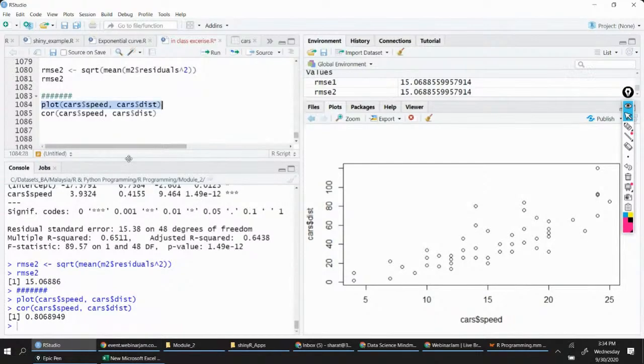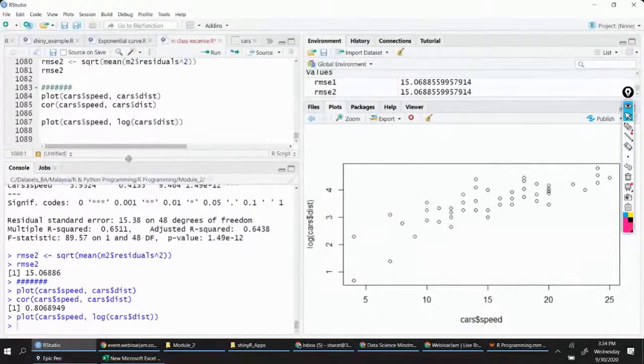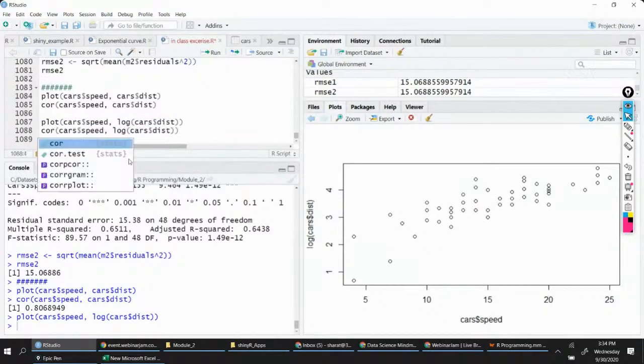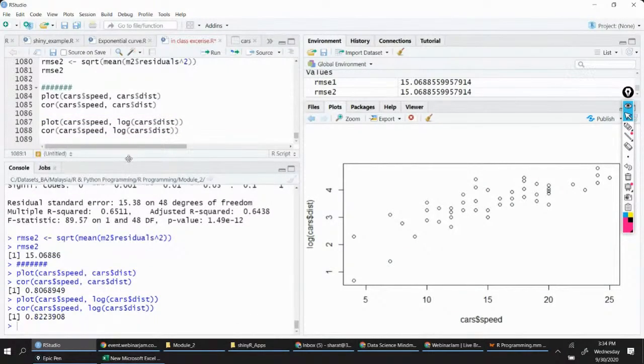Now let's take alteration of data on y. I'll do the same approach so that there is no confusion. I'll take log of y. Okay, looks a little better to me, but let's check correlation. See, correlation is increased. It's 0.822 now.